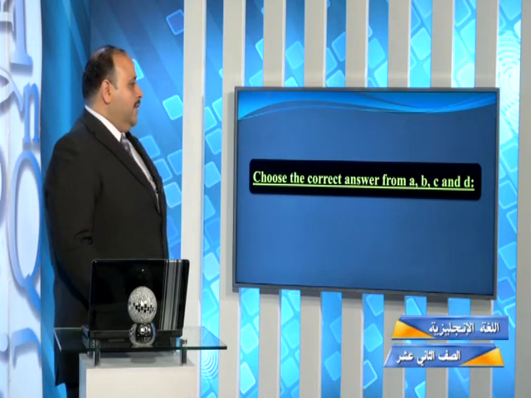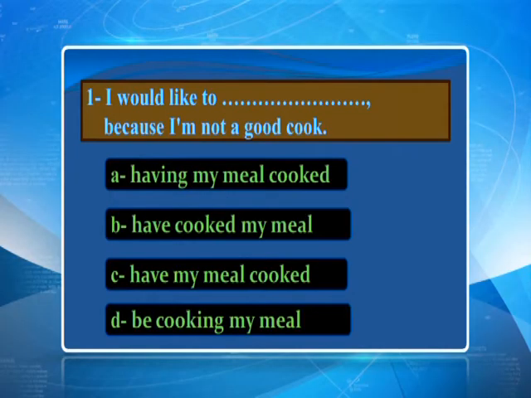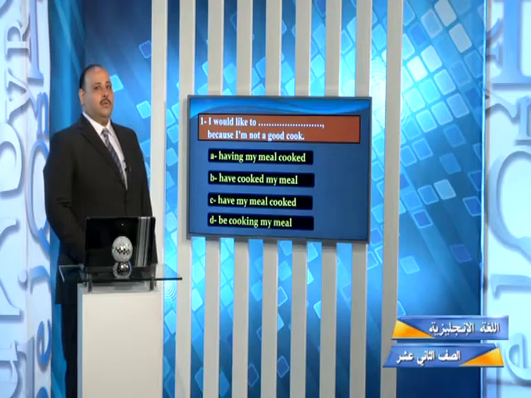Choose the correct answer from A, B, C, and D. Now look, I would like to... because I am not a good cook. All right, now see: having my meal cooked, have cooked my meal, have my meal cooked, or be cooking my meal. Now, if you remember, the sentence here is about the use of causative.